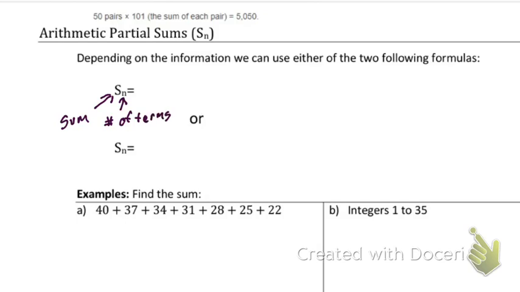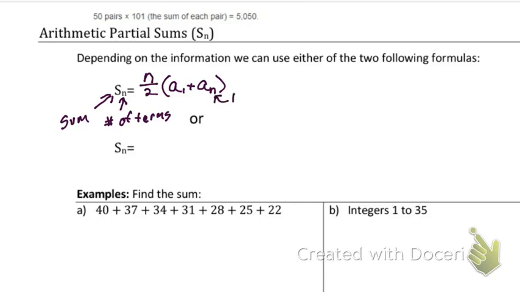Well, S sub n, the sum of all of our terms, is going to be this equation where we do the number of terms we have divided by 2. Then we're going to multiply it by just kind of what Gauss did, where we did that 1 plus 100. Every pair is the same. So if we just take our first number and add it to our very last number, which I don't know what it is, it'll just be A sub n.